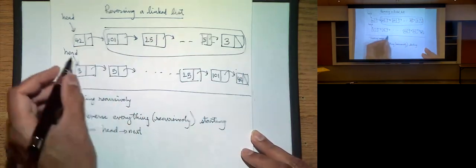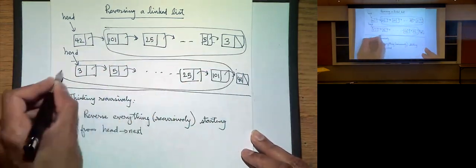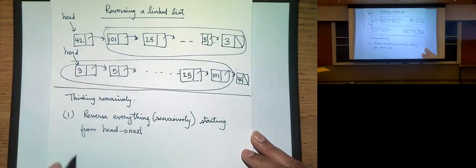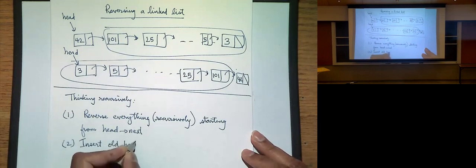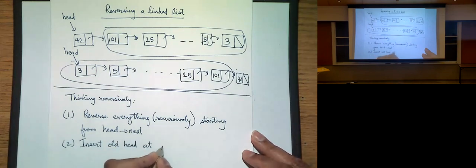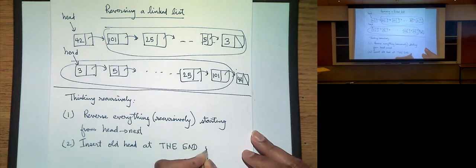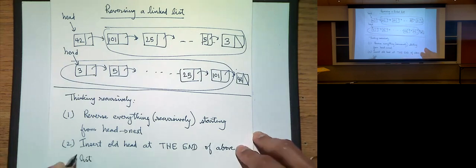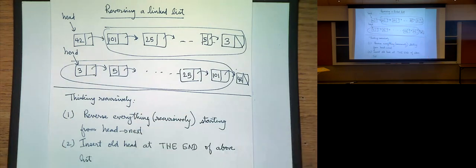And if you reverse all of that, you should get this list. And then you insert the old head at the end of the above list. The above list is what you got from here. Okay, does that make sense?